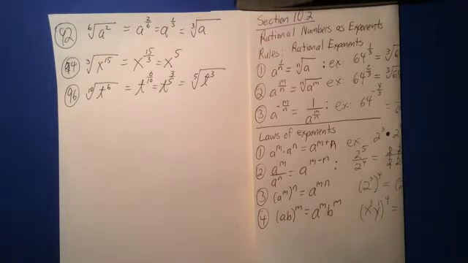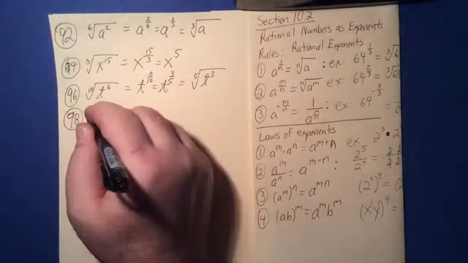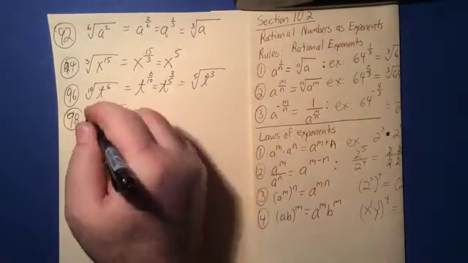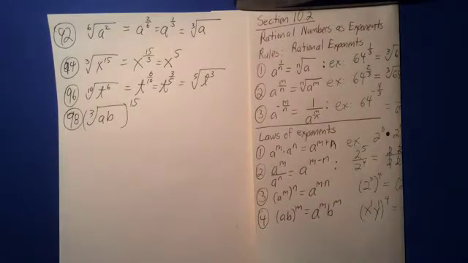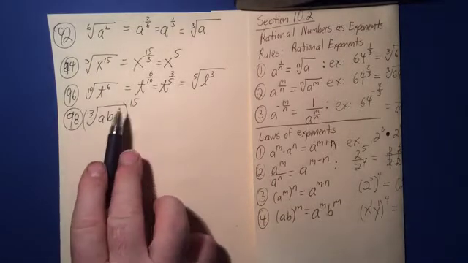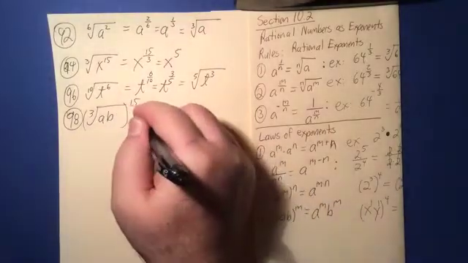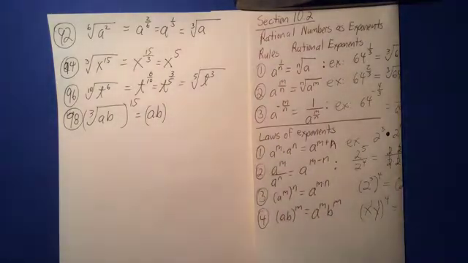Okay, let's continue on with question number 98. We have the cube root of AB, this whole quantity to the 15th. Again, we're going to treat this radical like it was underneath here, or this exponent like it's underneath here. And we're going to write this now as the quantity of AB, because we have two things underneath there. We need to make sure we do that.